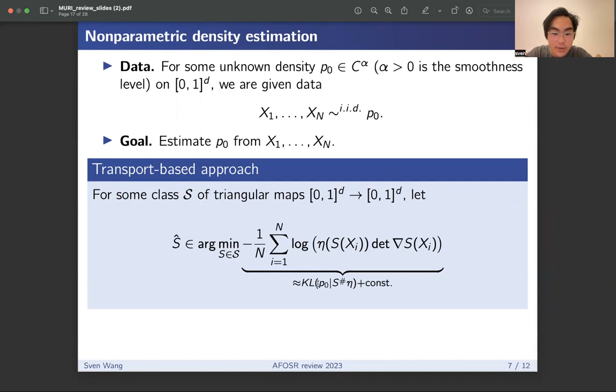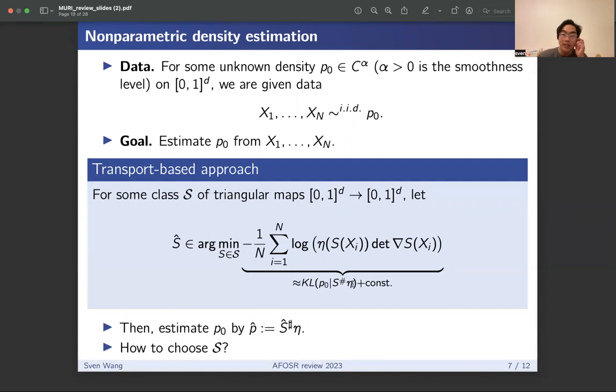Why I've written it in this way is that this is resembling an empirical version of the Kullback-Leibler divergence between the truth and the pullback. And this is a way in which many practitioners have motivated their choice of loss function. So we're actually doing something that somewhat resembles the Kullback-Leibler losses used in practice.